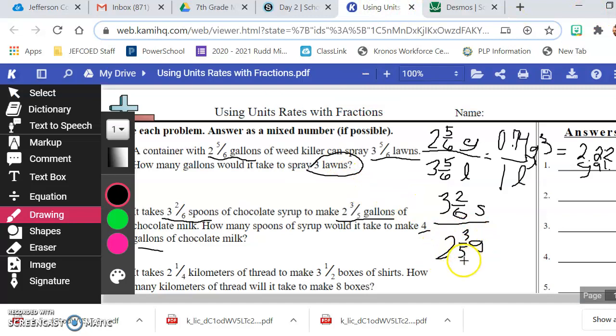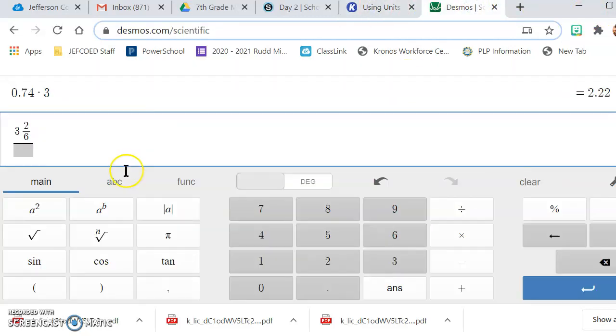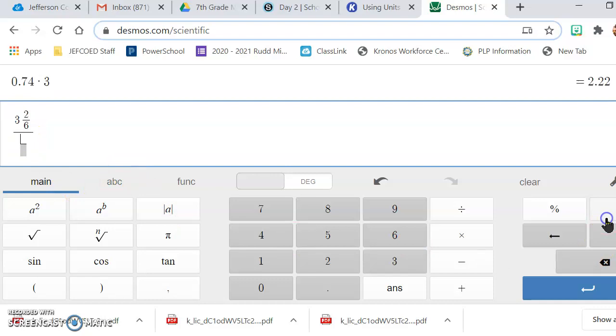Now we're going to say 2 3/5. So we're going to start with 3 over 5 and we're going to put our whole number. I'm going to come back to make sure, okay, our whole number's 2. Notice I got to use this back button right here to give me that whole number 2.